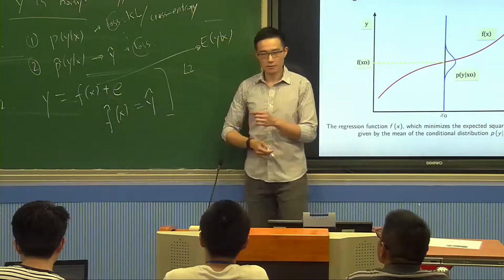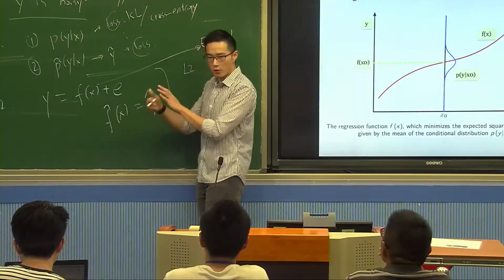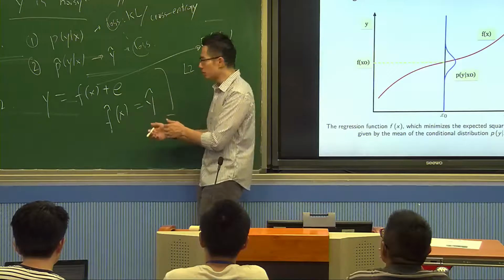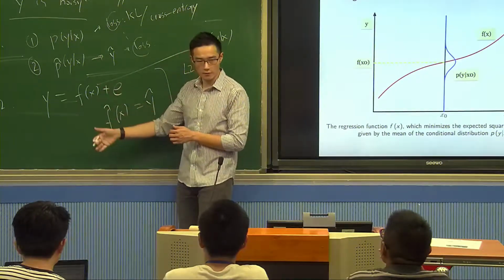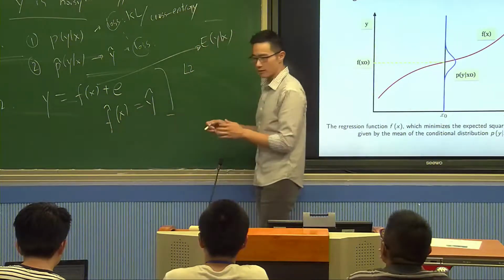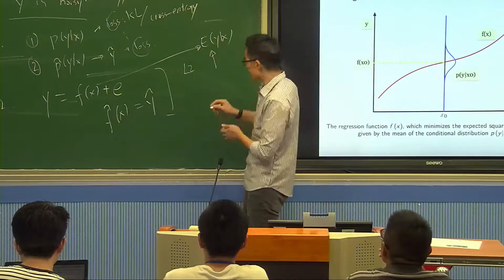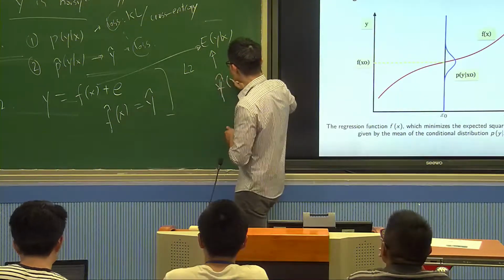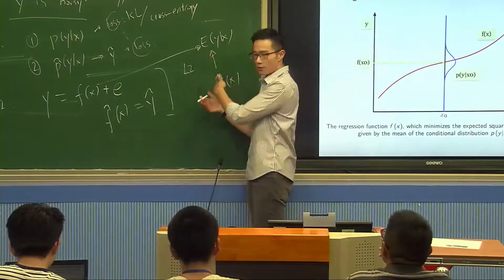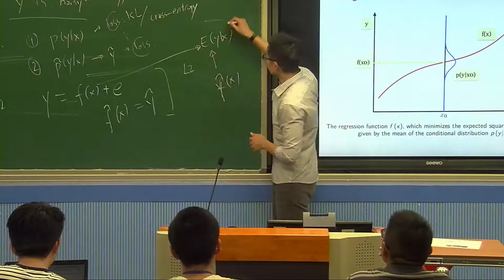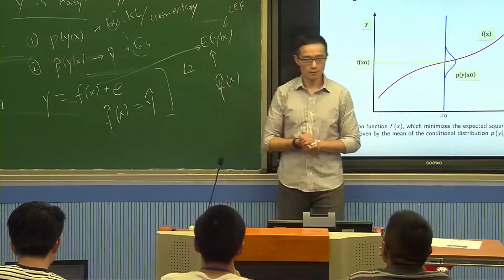Then if we estimate with a more limited model, like a linear model, using observed data, we're essentially finding an approximation of E(Y given X). So our estimated f hat is an approximation to the underlying f star, which is also called the regression function.